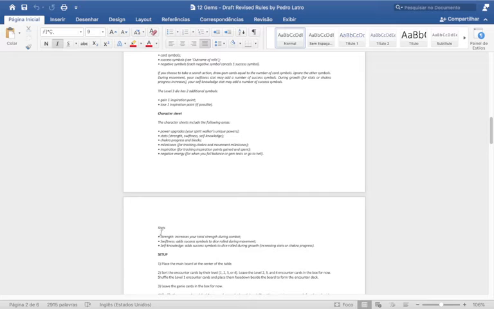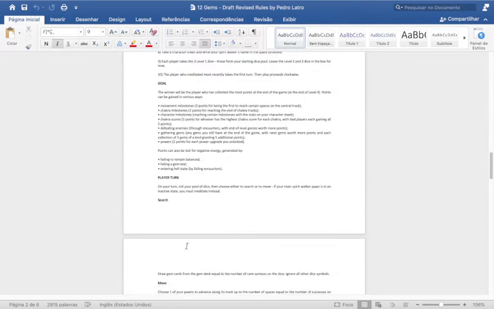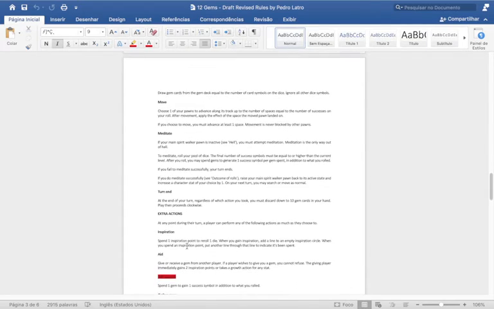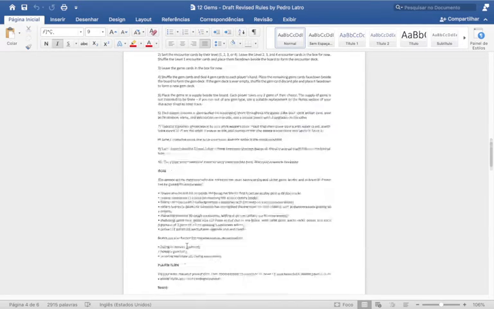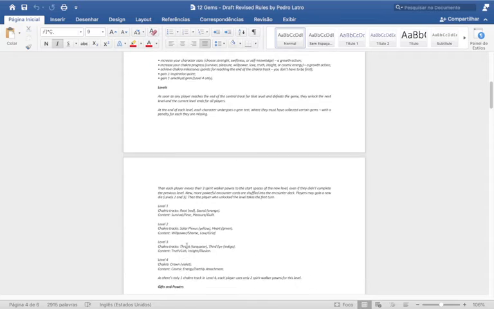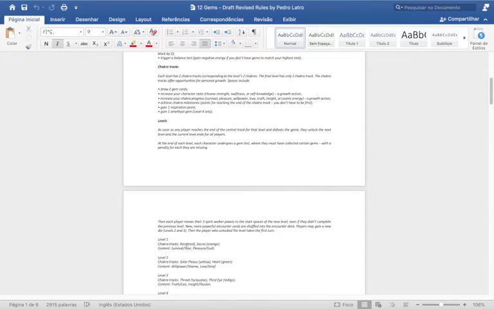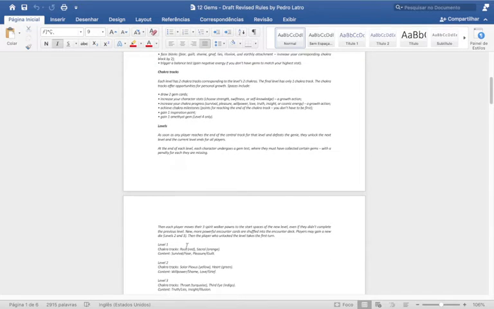And in the character sheet, the stats, strength, swiftness, and self knowledge, that is nice overview material. But I'm pretty sure that on the outcome of rolls, everything rule-wise is already explained as well. So that can be really, really smaller than what it is right now.